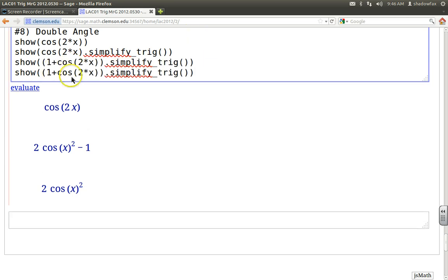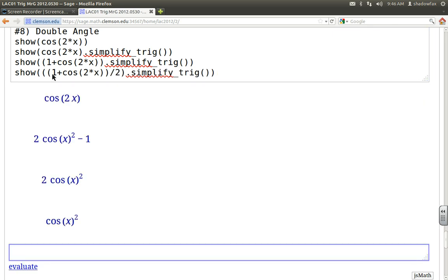See what I'm doing? I'm sort of deriving that rule. Let's see. So if I take all of this and divide it by 2, don't I get what I want? So look what I did. I did 1 plus cosine 2x all over 2 is cosine squared. All righty.